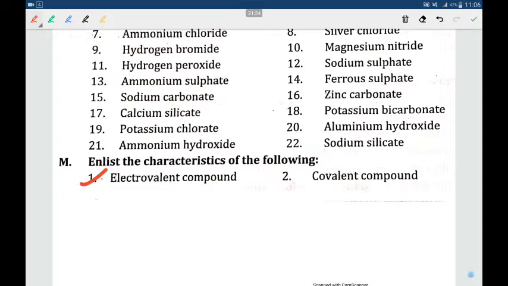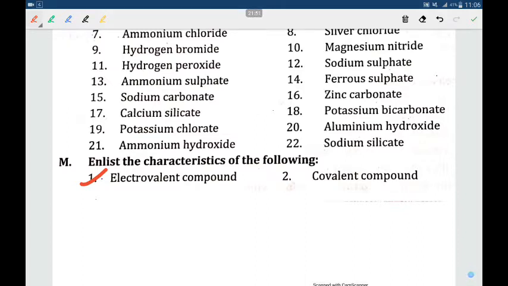Second point, they contain metal in their molecule. They are soluble in water. They have high boiling and melting point.